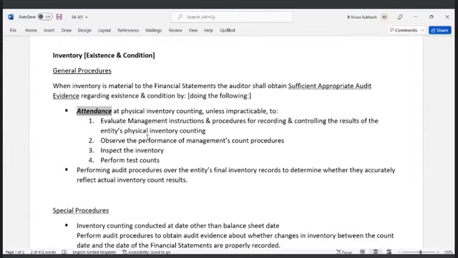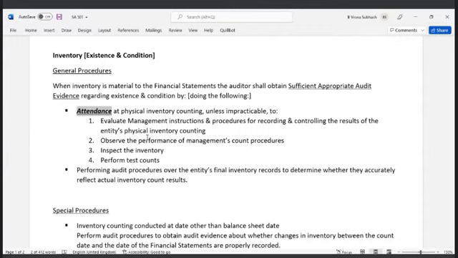Unfortunately, all the chartered accountants out there are very much falling for the money and they will push the article students into the inventory counting process. But in reality, attendance is all that is requested of us, because as an auditor, if you are going to report on that number, it is not you who has to do it.